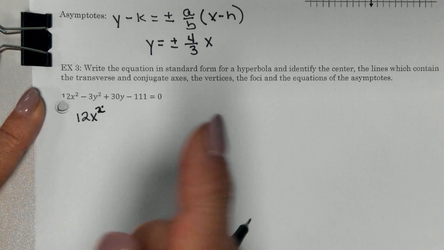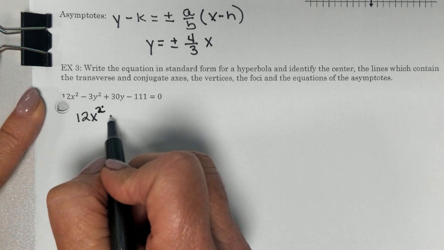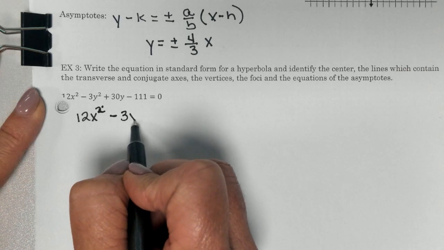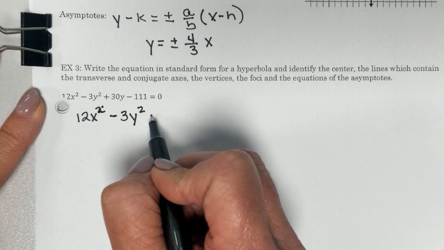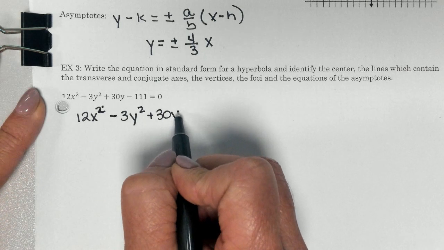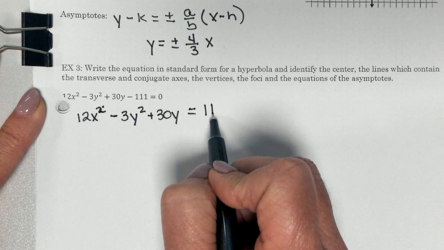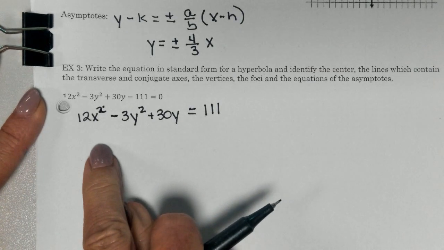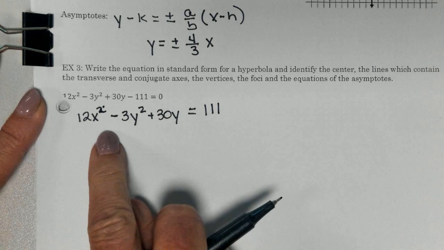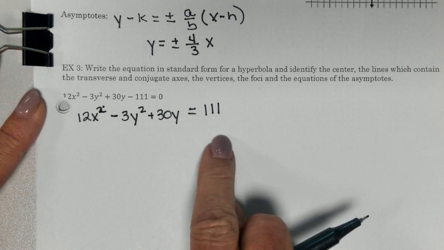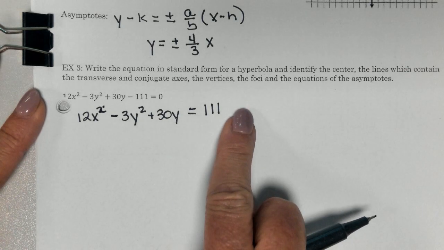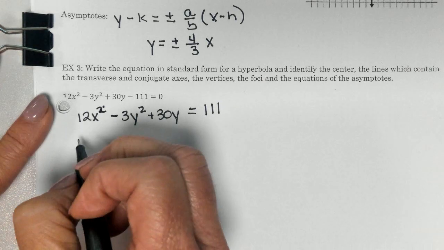But this is where you got to be careful. That minus 3y squared plus 30y, when I complete the square on that, we have to factor out this negative 3. I went ahead and added my constant to the other side. Now I'm going to complete the square.